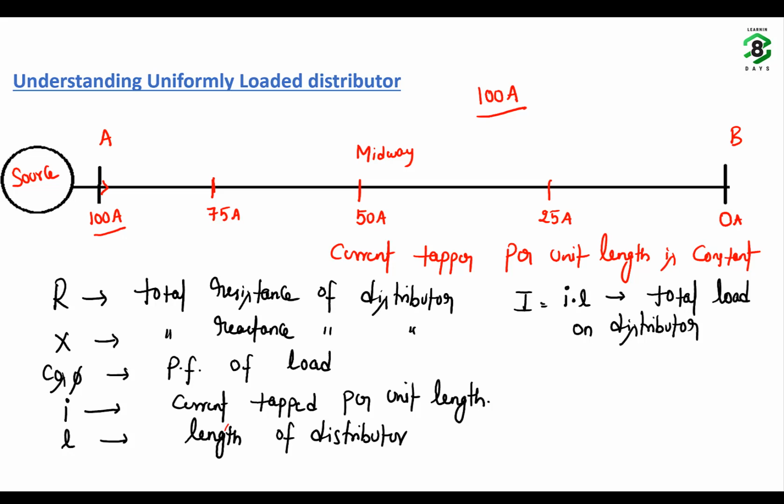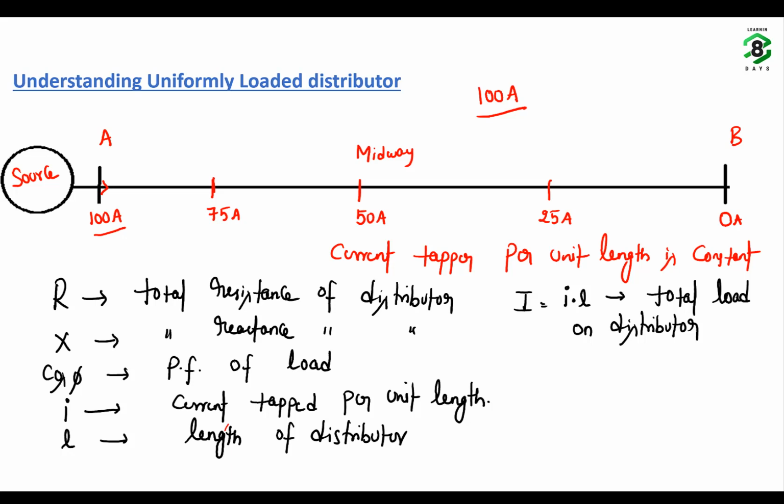So if you know all these parameters, what are the parameters we have discussed? Capital R is the total resistance of this distributor between A and B. Capital X is the total reactance of the distributor. Cos phi is the power factor of the uniform load that is being tapped from this distributor. Small i is the current tapped per unit length. l is the length of the distributor.